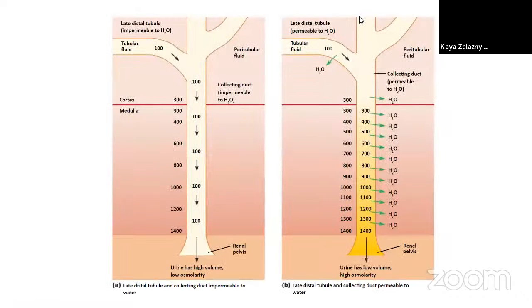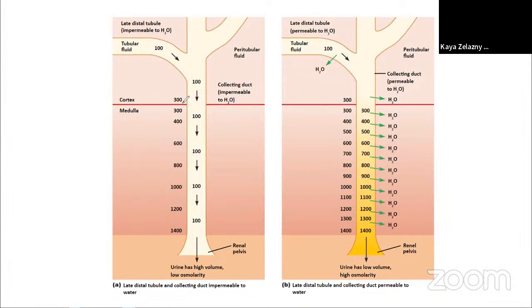The reason this can happen, if we look at the structure of the nephron and the surrounding cortex and medulla, is this. We want to remember our cortex is at 300 milliosmoles, and our medulla goes all the way down to 1400. Our tubular fluid coming out of the loop of Henle, so our loop went down and we're back up, is now in the distal tubule.